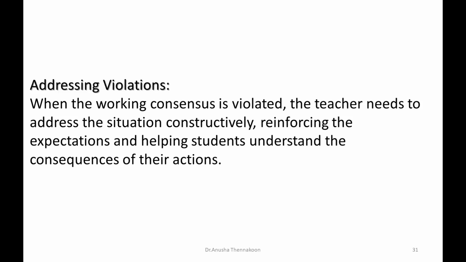There are certain traditions, certain things followed in the classroom, but they were not written anywhere. Sometimes the students will violate them. At that time, the teacher should explain constructively, so that the student understands the consequences of their actions.